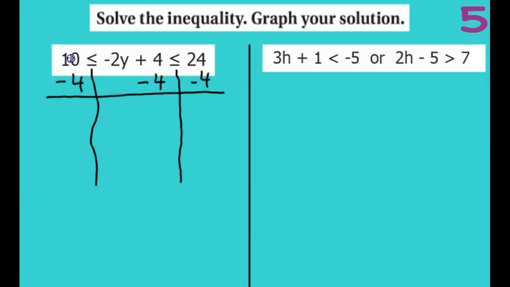What we have left is 10 minus 4, which is 6, is less than or equal to negative 2y, which is less than or equal to 20.